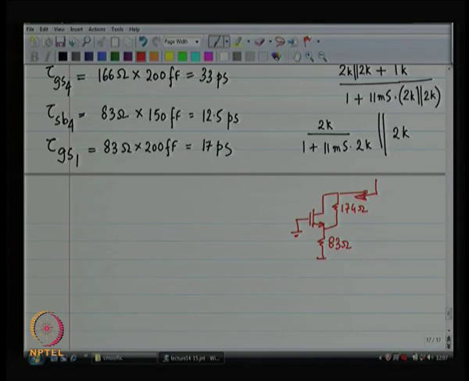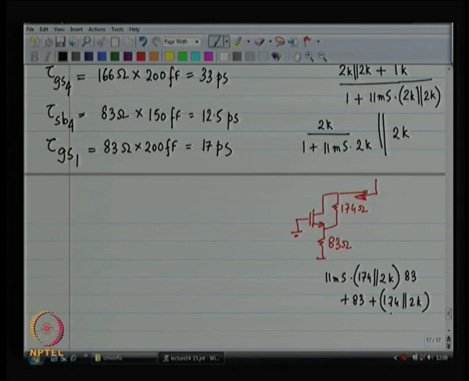So, that is the resistance that you see looking in. So, you are basically going to see GM, that is 11 millisiemens over here, GM in shunt with GMB, times RDS is 174 ohms shunt with 2K, times 83 ohms plus 83 plus 174 in parallel with 2K.